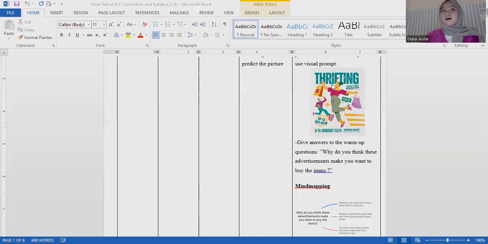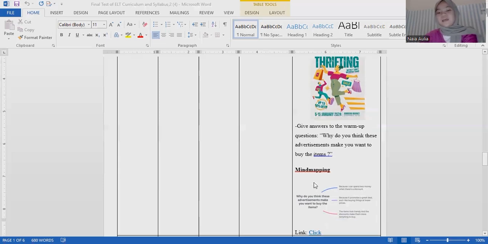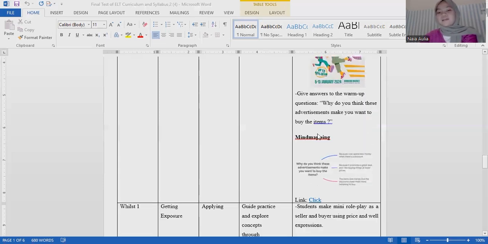Maybe some students or each student can relate to the question, and their story about their daily life relates to the poster, right? And from the tools, I use MindMeister as the digital tool, which is mind mapping.